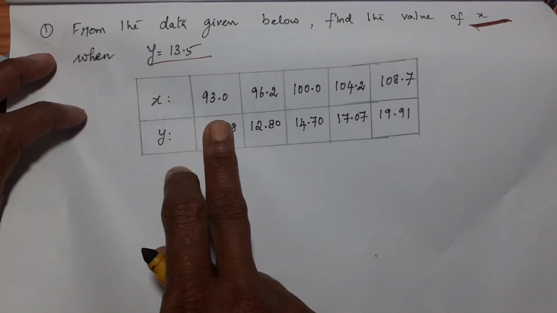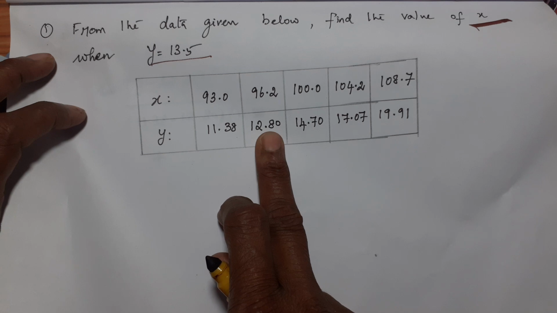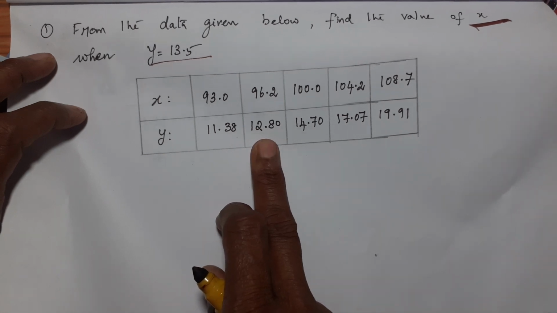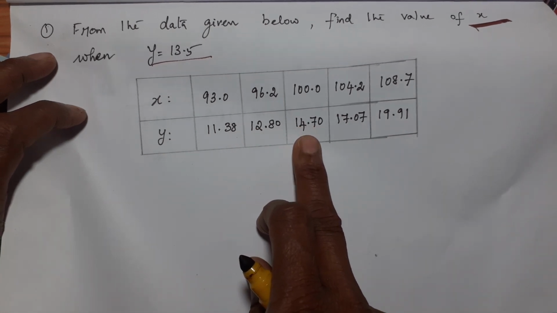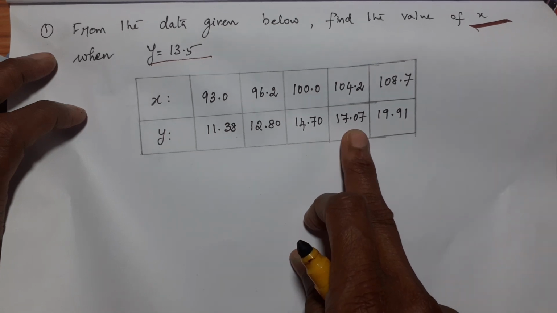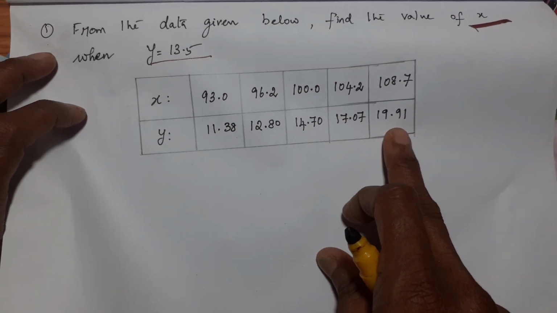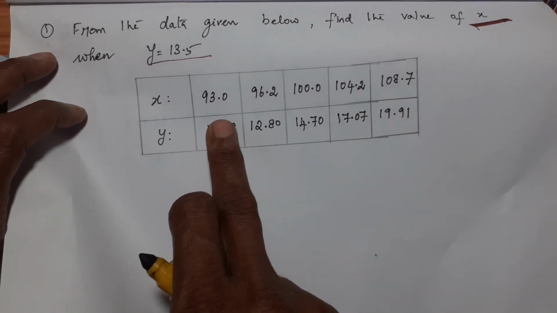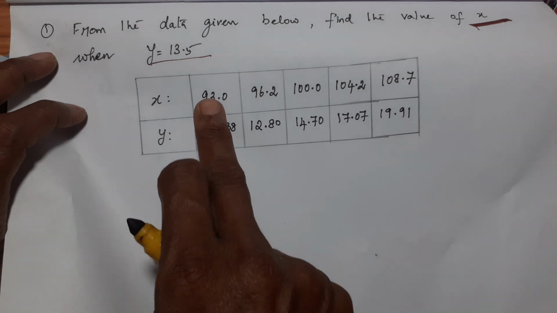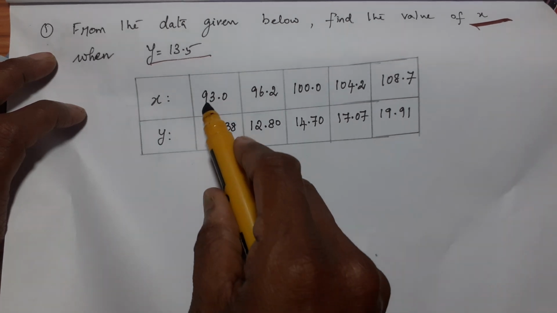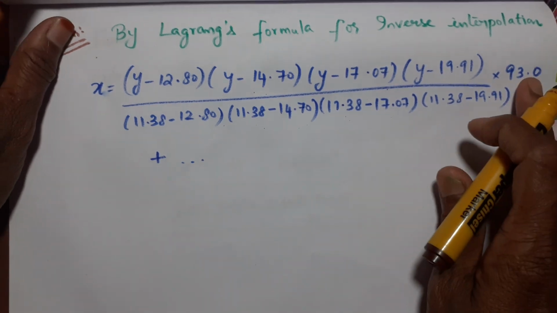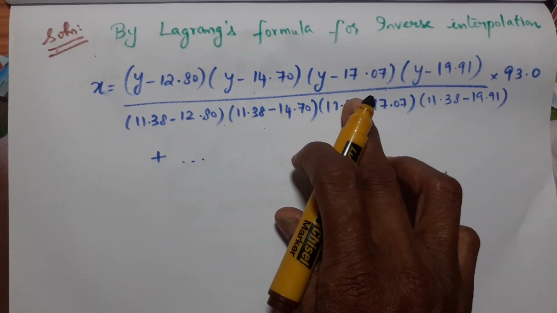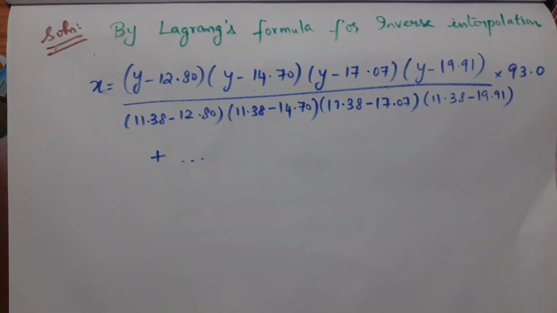So leaving this first y value only, we have taken the terms in the numerator: y minus 12.8, y minus 14.70, y minus 17.07, y minus 19.91, divided by every y in the numerator replaced by the first value, into the respective x value, which is 93.0. This is for the first term. Similarly, we have to do this for all the other terms.